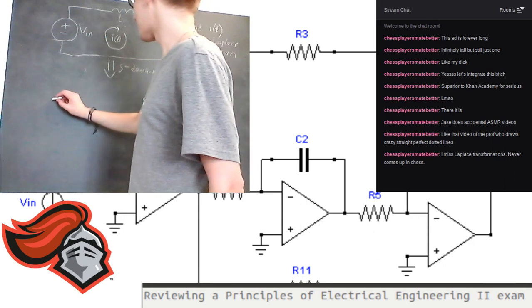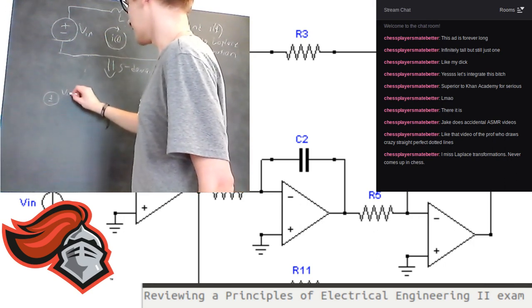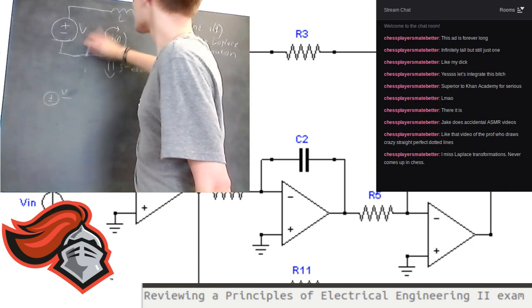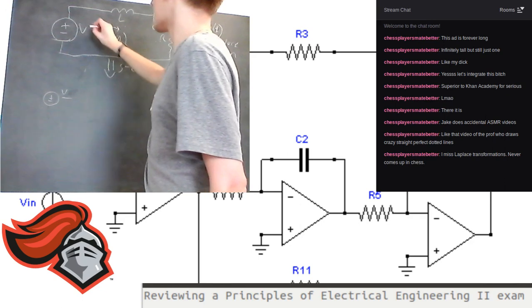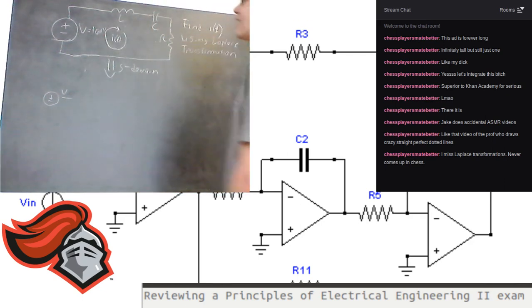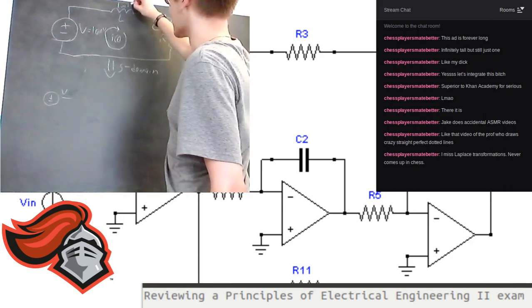So here we would have V input. Well, I guess this would just be V, right? Also, I'm pretty sure this was an actual value, which was 160 volts. This was 1 millihenry.